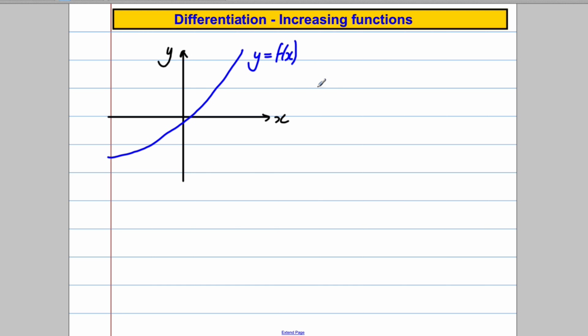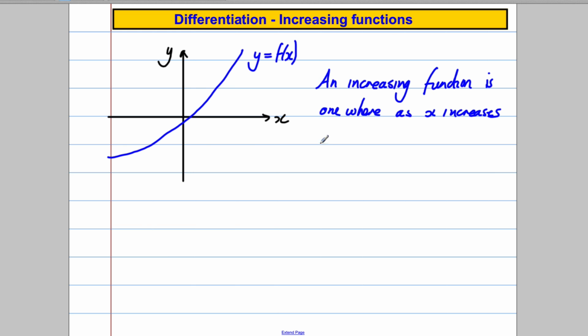Okay, so we're going to write down: an increasing function is one where as x increases, y increases. Simple as that. As you go along in that direction, you end up going up as well. Okay? That's an increasing function. So you just need to know that.